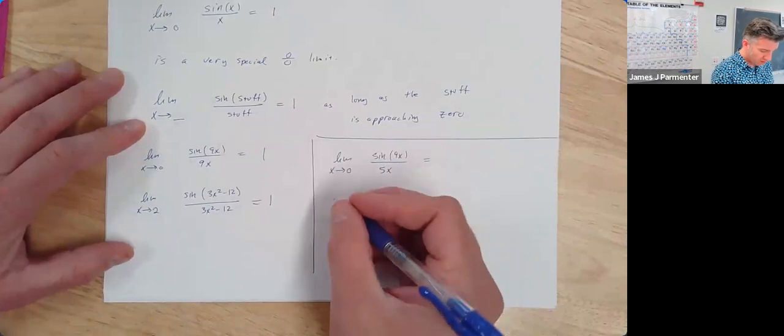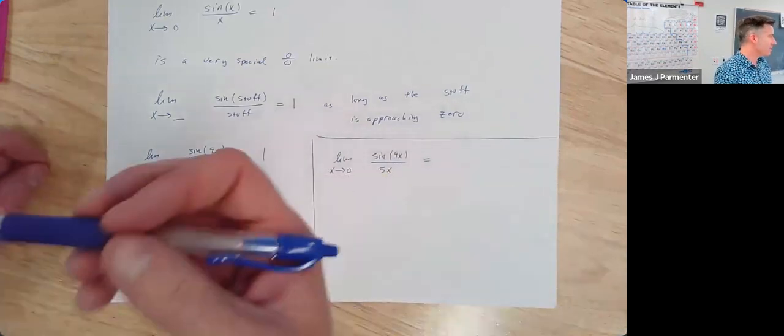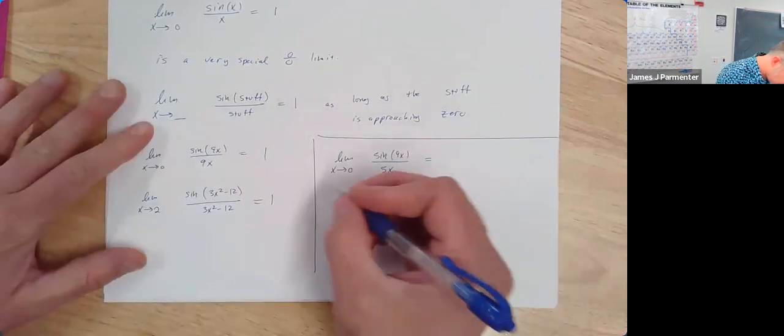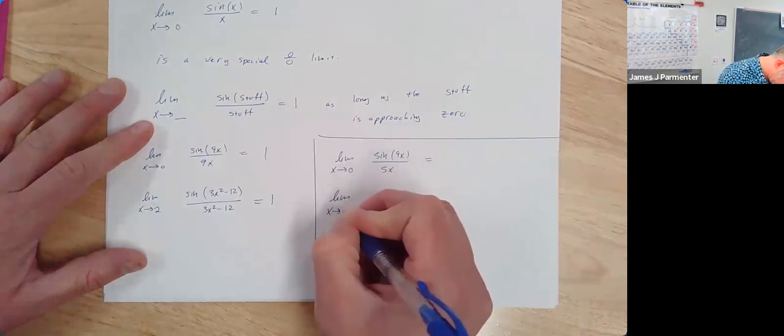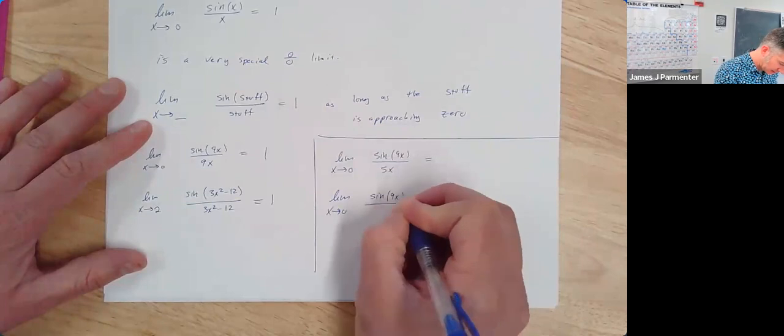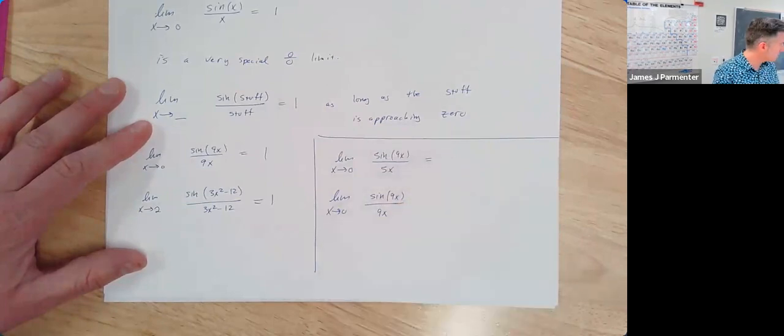And I'm going to ask myself, what do I wish I had beneath sine of 9x? Well, I wish I had 9x. So I'm going to make my wishes come true. I'm going to write the limit as x goes to 0 of sine of 9x over 9x. But that's not the same, right?